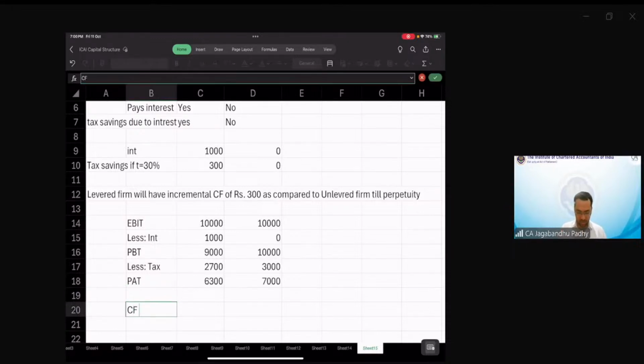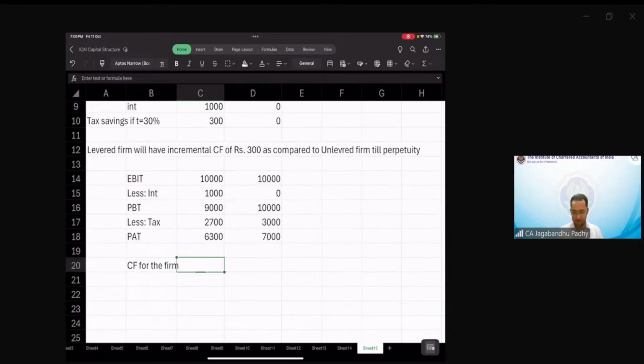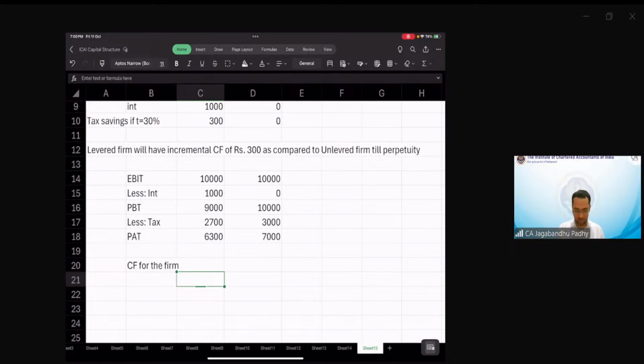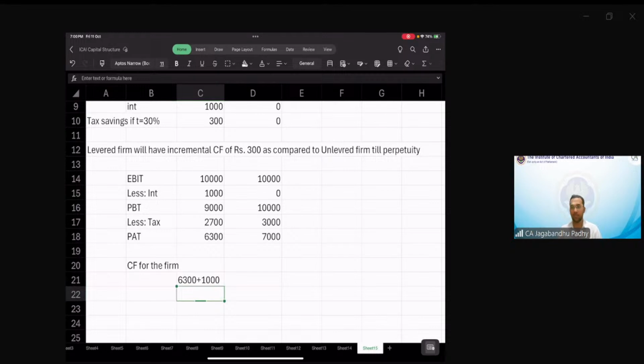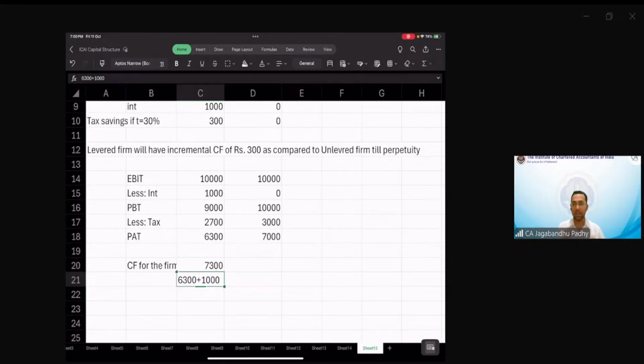If I ask you what is the cash flow for the firm, for the levered firm it will be this 6,300, the final profit that we have, plus you will add the interest of 1,000, because for the entire firm, after payment of tax, the firm is having a cash flow of 7,300, which it is going to distribute amongst the fund providers.